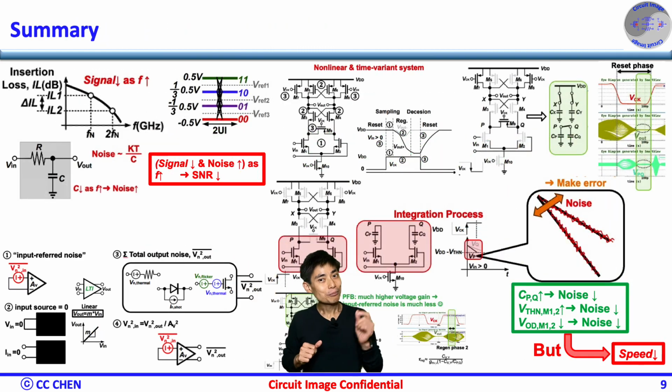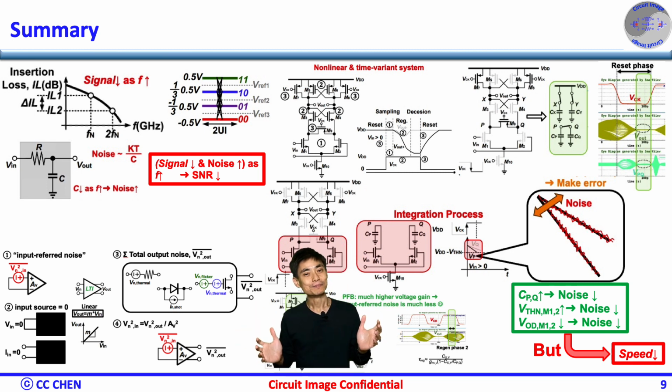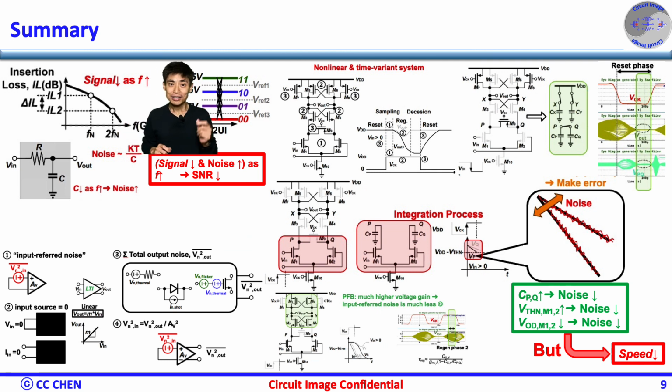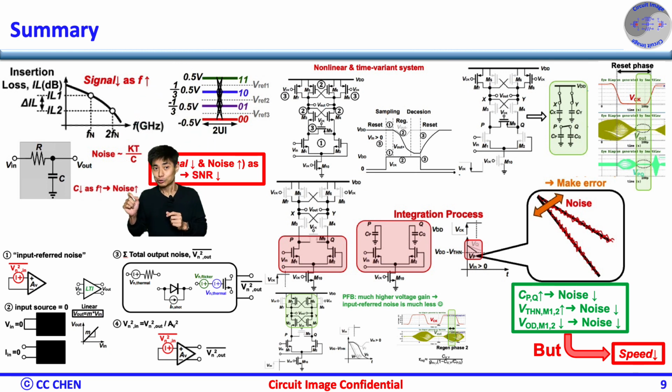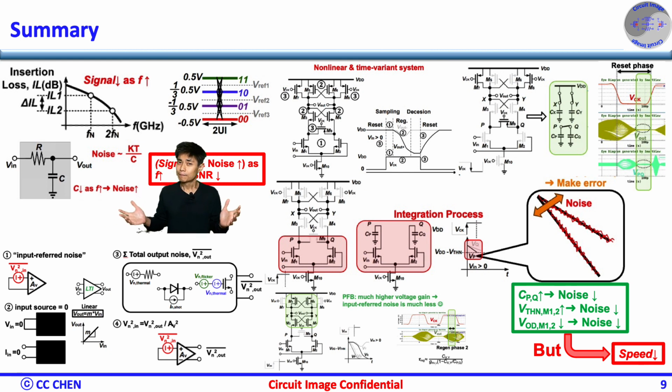Here is a summary of why we need a dedicated noise analysis for a StrongARM latch comparator. First, channel loss or multi-level signaling, for example PAM4 signaling, reduces signal power more at a higher speed. In addition, to speed up the sampler's regeneration time, the intrinsic capacitance at the sampler must be smaller, which increases the kT/C noise.